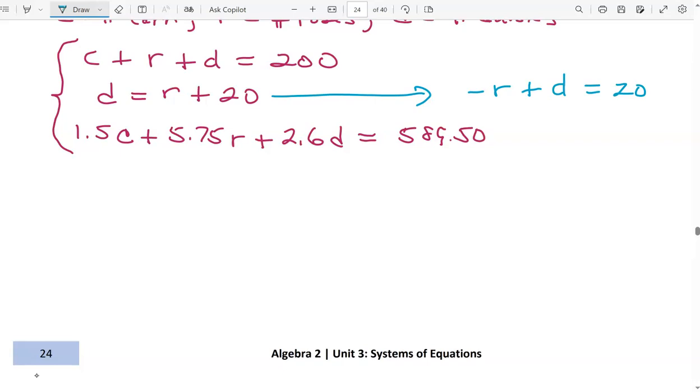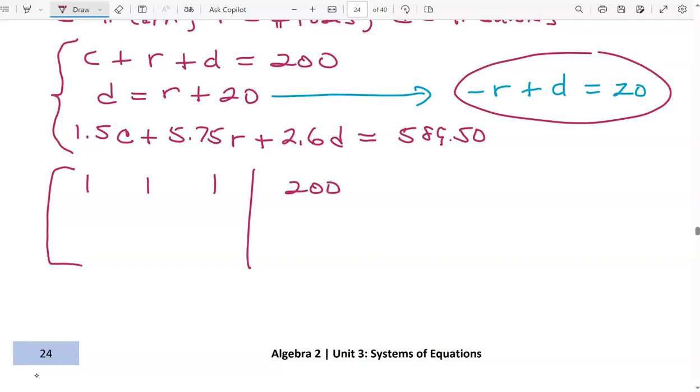So now let's take and move this into a matrix form. C plus r plus d is equal to 200. And then our second equation, we have to use the standard form. There are no c's in that equation, so negative 1r and 1d, and that's equal to 20.